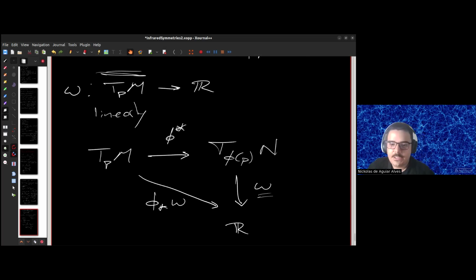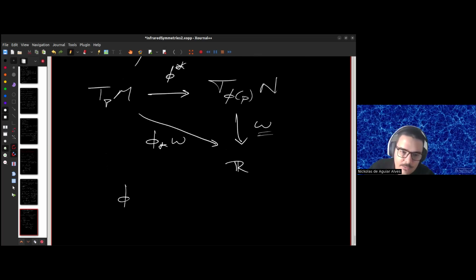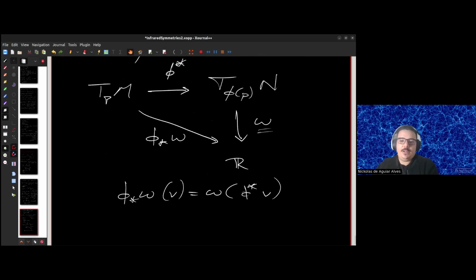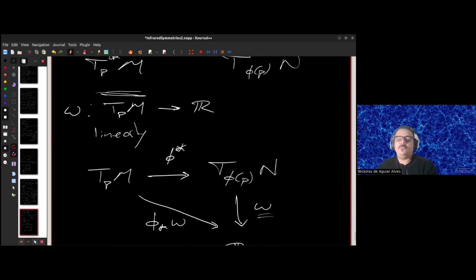And the definition for this is going to be that the pullback of the form omega when acting on a certain vector v is going to be simply omega, the original omega, acting on the push forward of the vector v. And in this way, you just go doing this silly little play where you have the push forward, and then the function that eats that structure that has the push forward actually has a pullback, and the function that eats that structure that has a pullback then has a push forward, and just keep reversing them.